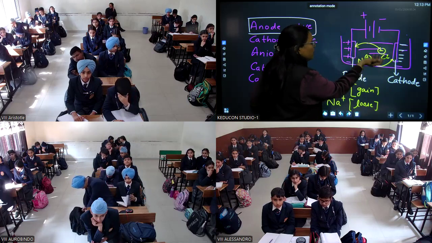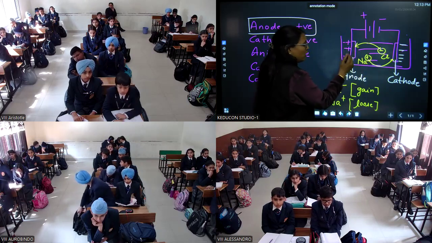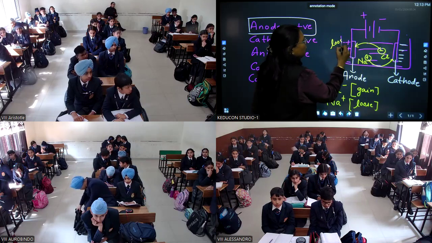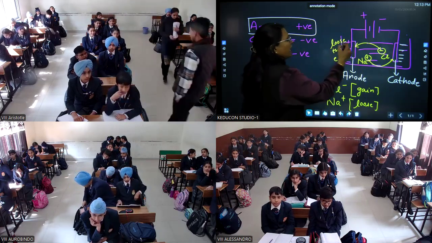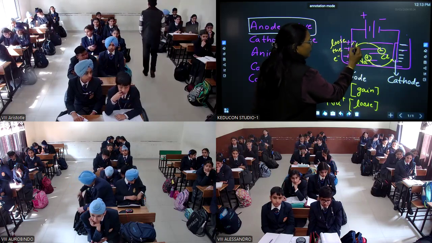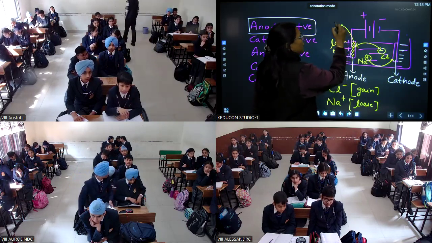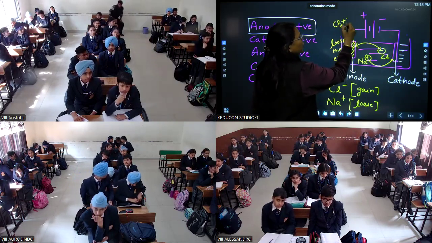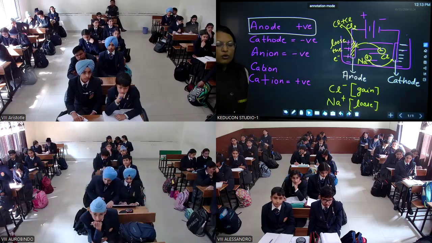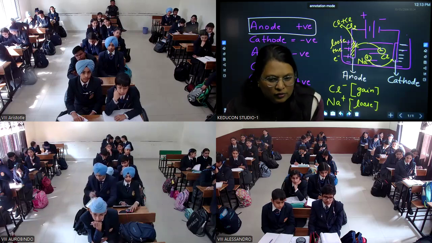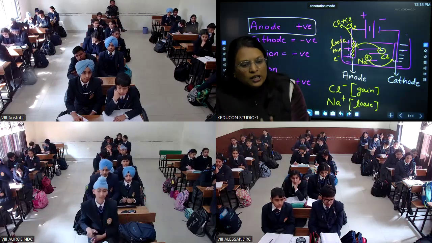This chlorine will move to the anode and will lose the electron now. Again it will lose the electron and become Cl. 2Cl will combine and form Cl2. Cl2 is a gas or not? Yes, chlorine gas.